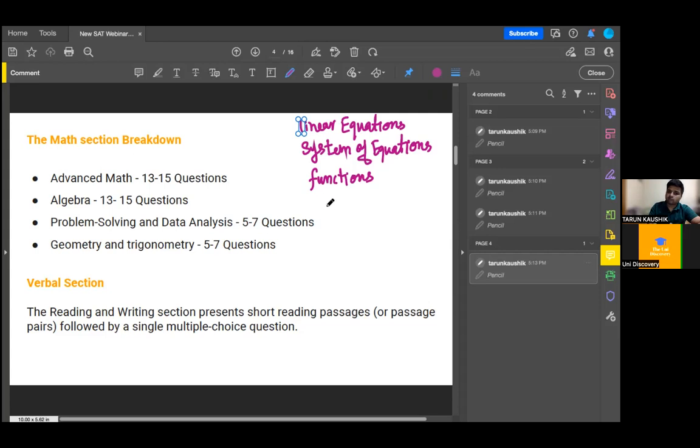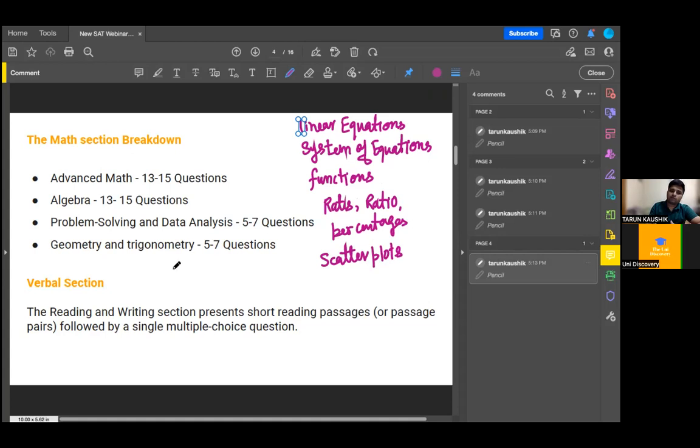There will be some questions based on rates, ratio, proportion, percentages, and some will be based on scatter plots. We'll be discussing each and everything in detail, like what topics are tested, how many questions can be framed, and what the different question types are in all these specific topics.